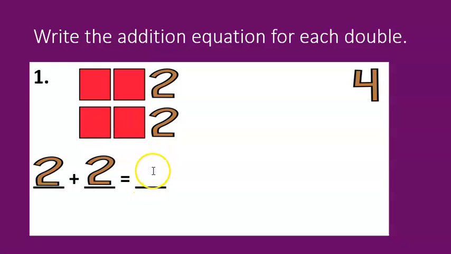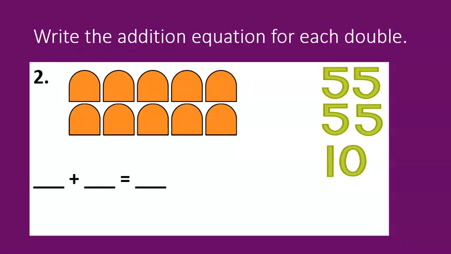So what number goes here? 4. So let's insert 4 there. So there is our addition equation. We're saying here 2 plus 2 equals 4. And that is correct. Now let's come here to this next example.